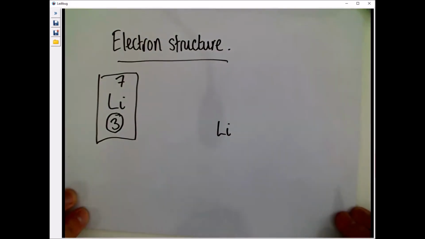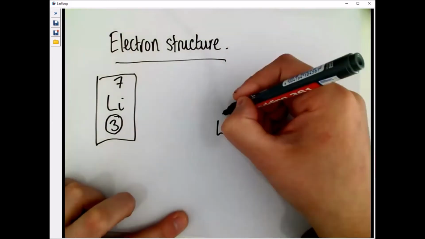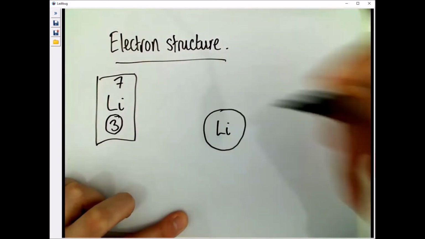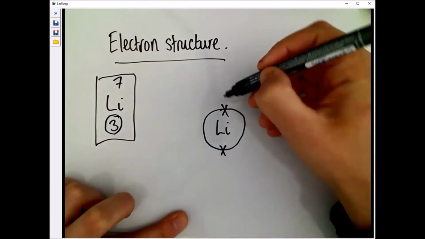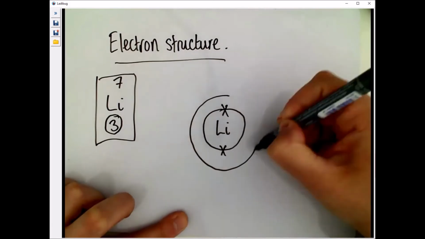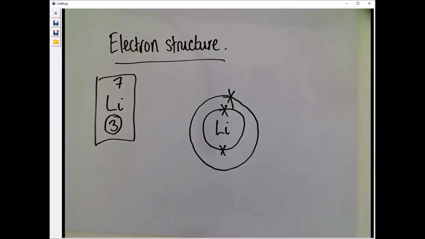The chemical symbol is just what's shown on the periodic table. Then around that, I've got to place 3 electrons. We're following exactly the same rules as we should already know. That first shell can have 2, which leaves us with 1 electron in the outermost shell. Okay, that's one way that we can have a go at doing this.